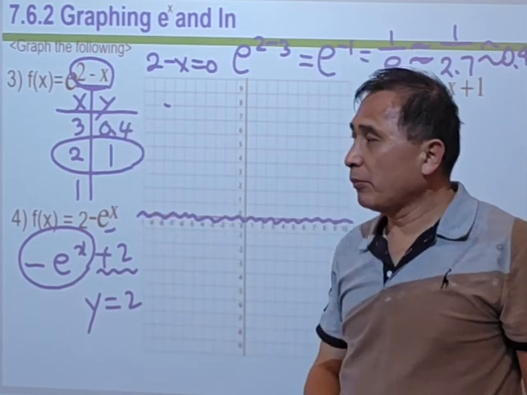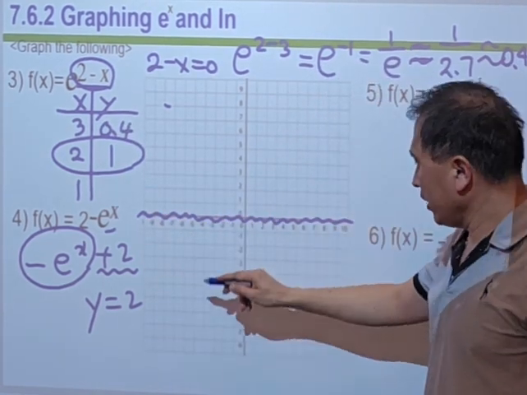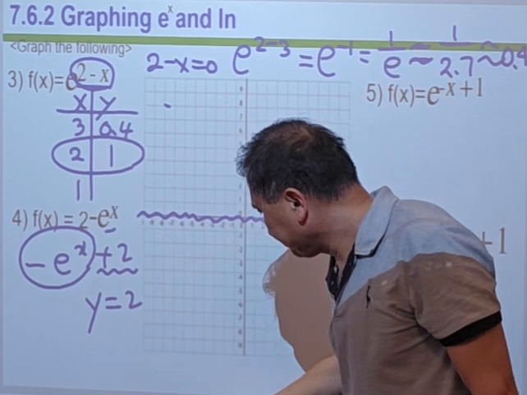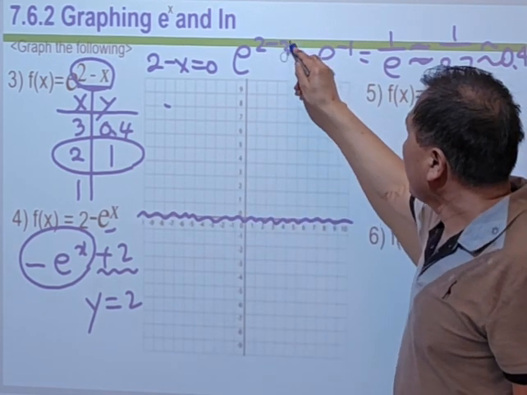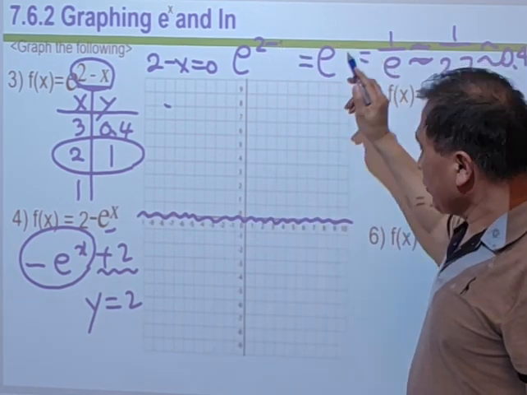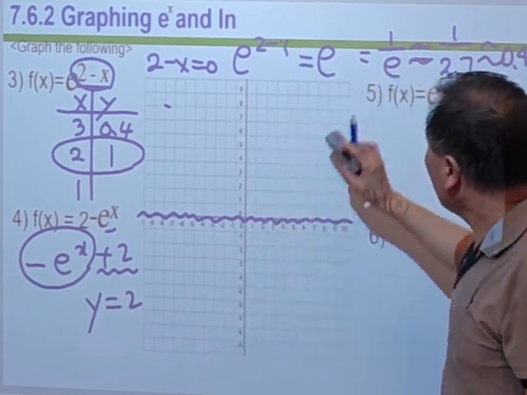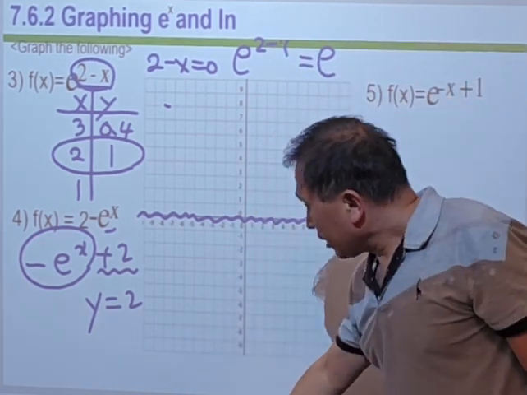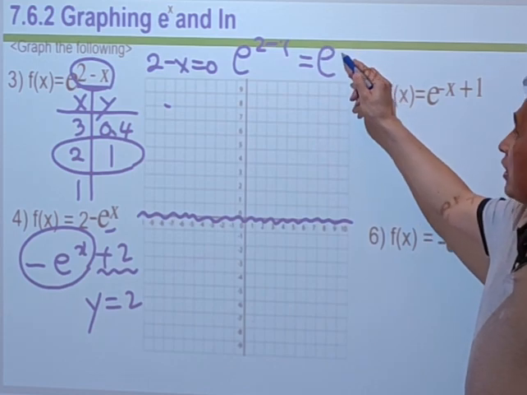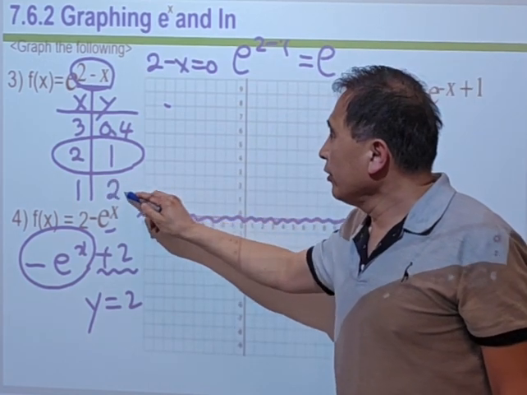So we draw just approximately. When it's 1, we do 1 there. So then e to the 2 minus 1, that's e to the 1 power, which is e, about 2.7.